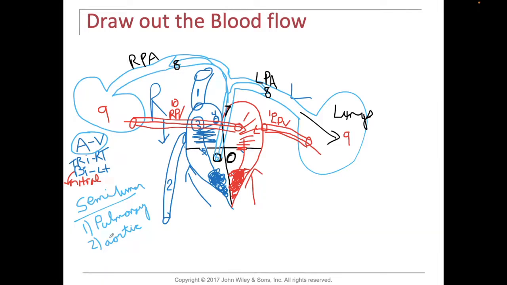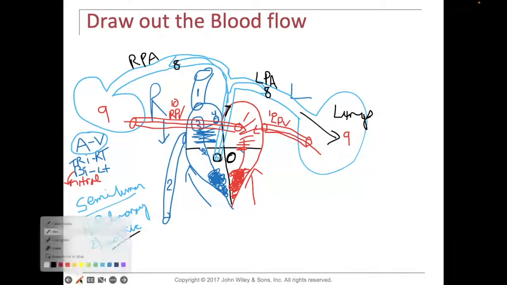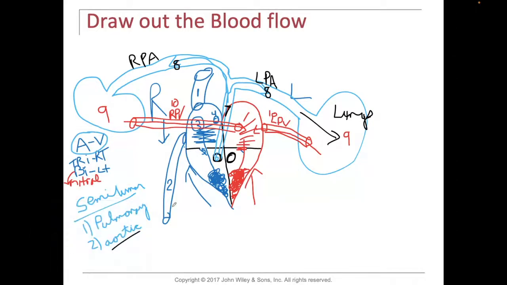Okay. Now that is the other semilunar called the aortic semilunar. And I'm going to make it red because it's got oxygenated blood. So when the left ventricle pushes blood through, we'll call that, let's see, hold on. The lungs was here, that was 10.